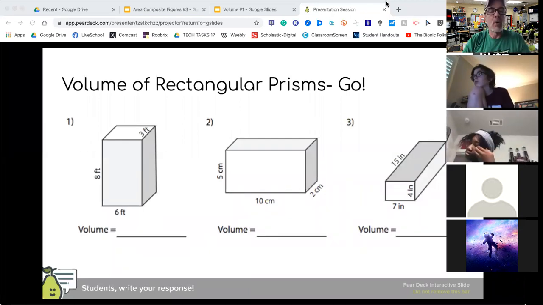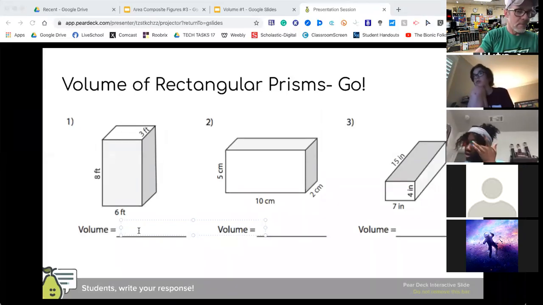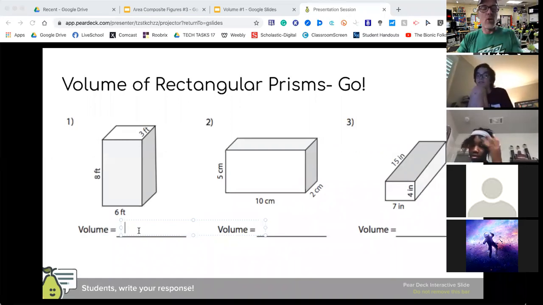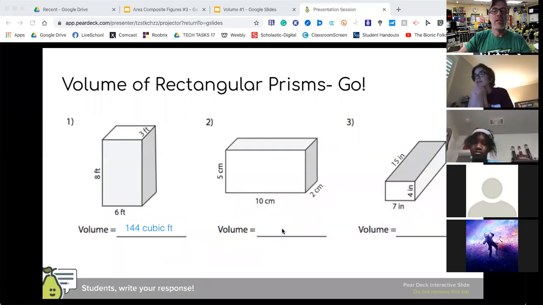Somebody who did number 1, what's 18 times 8? 144. Thank you. 144 cubic feet. Okay, that is correct.